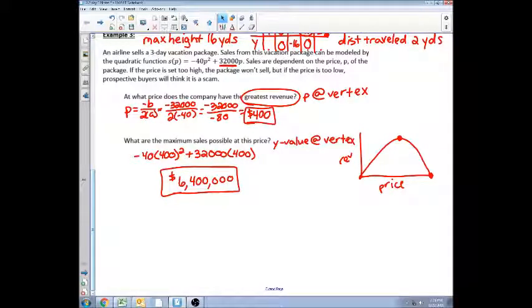If you want to know how high it got, because Y in that case, or f of X, was our height, then we are looking for the Y value at the vertex. Example 3, it's talking about what price, so that was the P. I would find the P value at the vertex. And then it asked about the maximum sales possible. Well, that would be the Y, or the S of P, at the vertex.